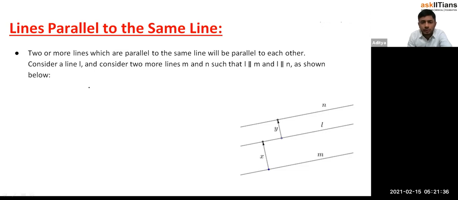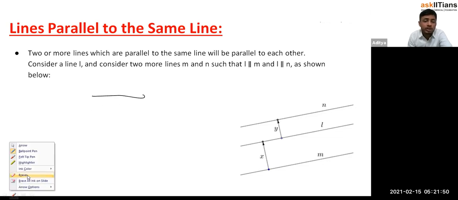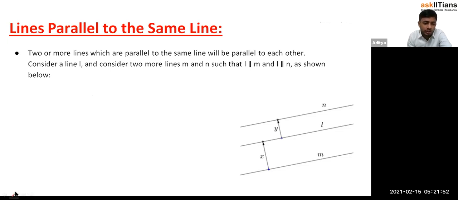Now once again we will do this proof. This time we will do it using corresponding angles. In the postulates chapter we had done it using contradiction and Playfair's axiom, but right now let us do it using corresponding angles.